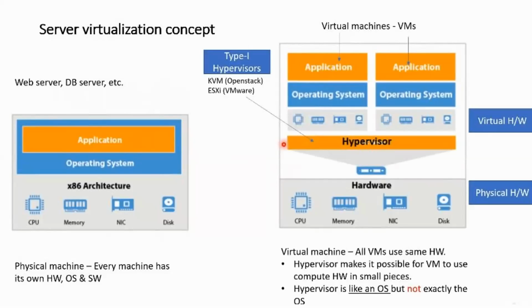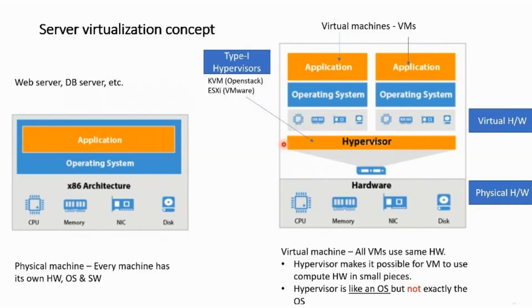They allow multiple virtual machines to run on a single host operating system. So every machine has its own hardware. Hardware is the bare metal, OS is the host operating system on top of it. Generally, we have software applications, and all virtual machines use some hardware.